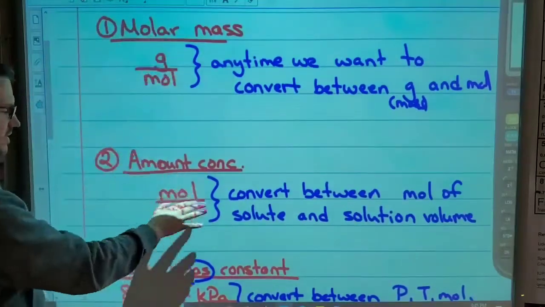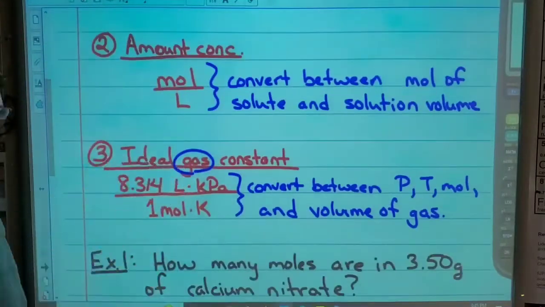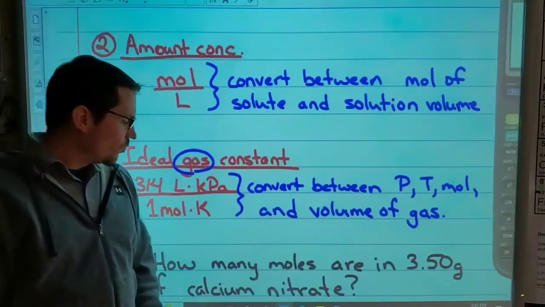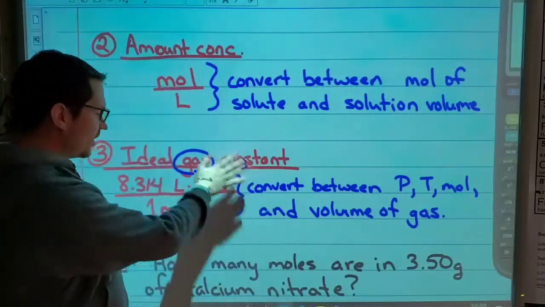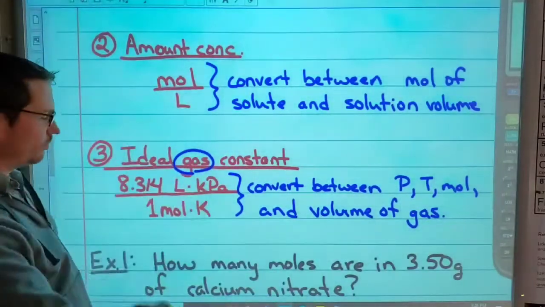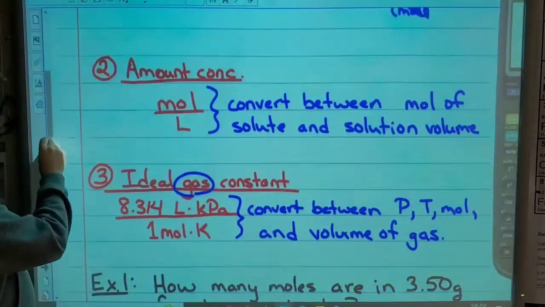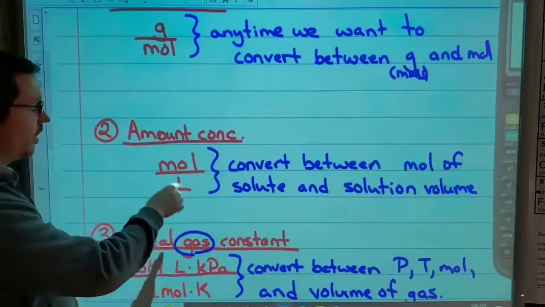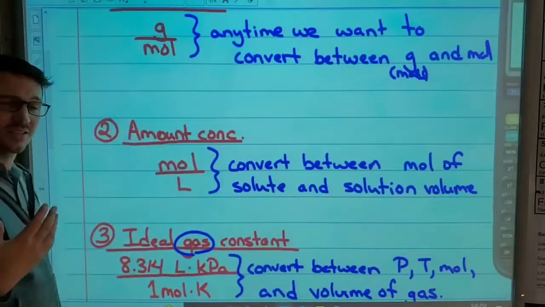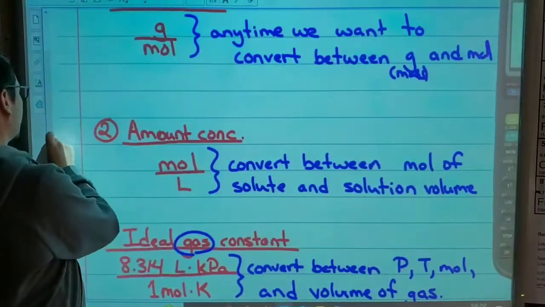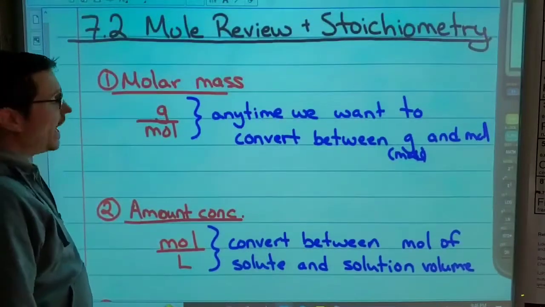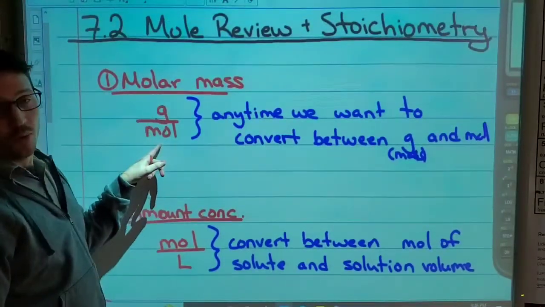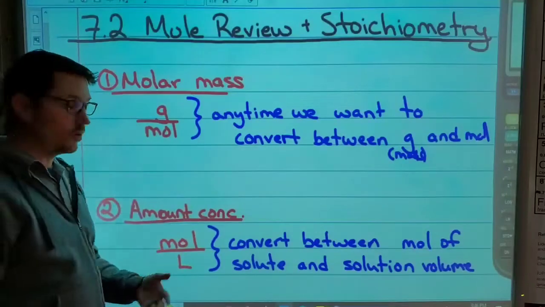There's the molar mass, the amount concentration, and the ideal gas constant. Well, it didn't give us anything about gases, didn't say anything about liters, kilopascals, or pressure. It didn't give us anything about moles per liter because it's not dissolved in water. It's not a solution. The only thing that we have available is grams and moles, right? So we're going to use the molar mass.